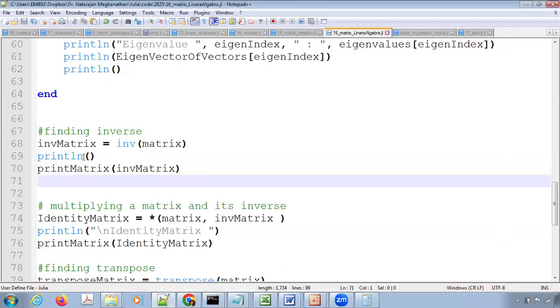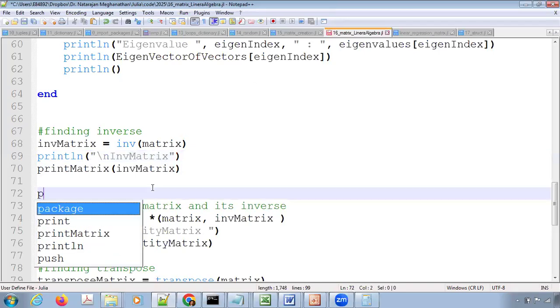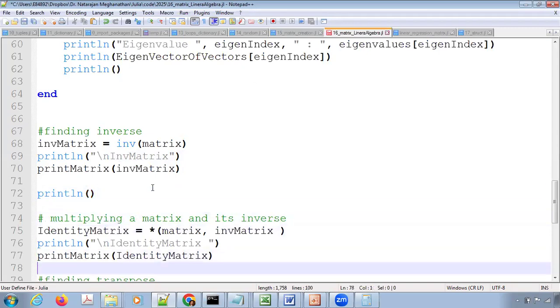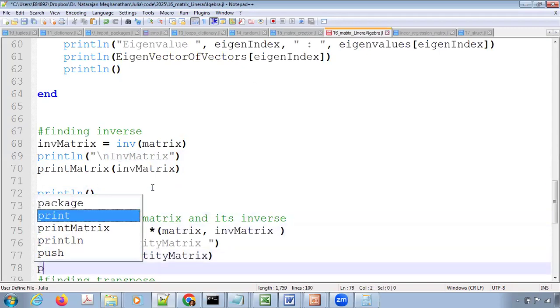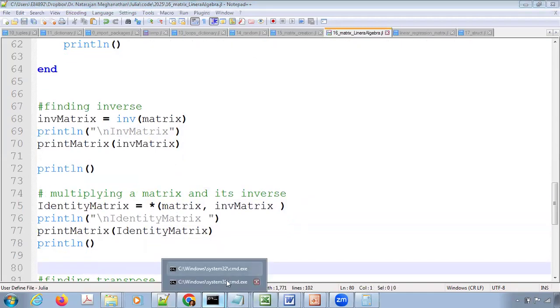Let's print the inverse matrix. I'm labeling them so I can figure out what each matrix is representing. All right, I think I have everything to run this.